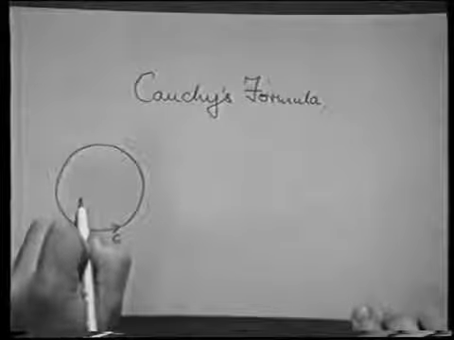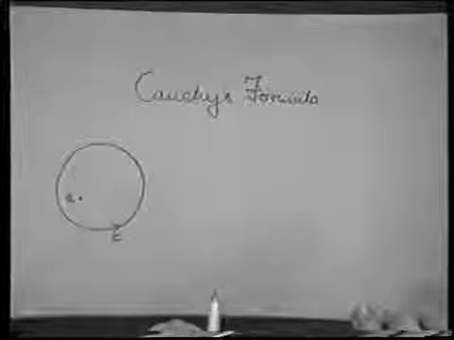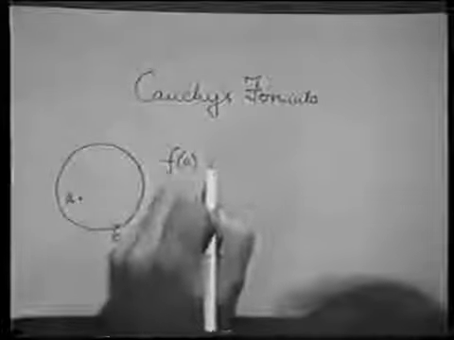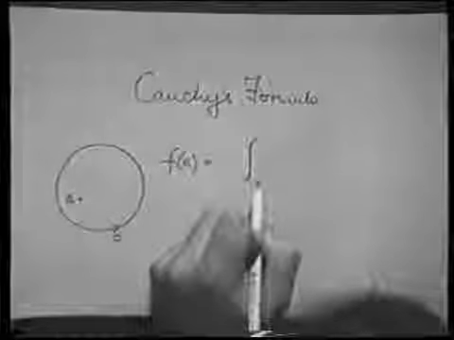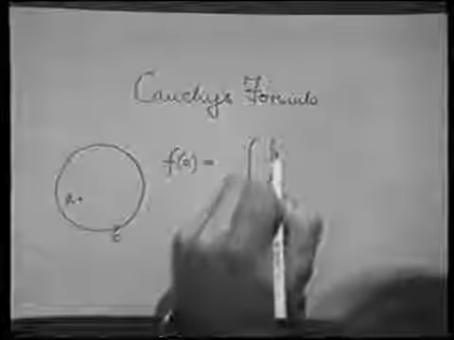The formula tells me something about the value of a function f at some point A inside this circle. So f at A is equal to what? Well, I know that it's the integral around the circle. I want the value of the function at points on this circle.